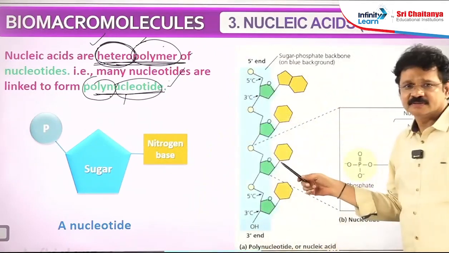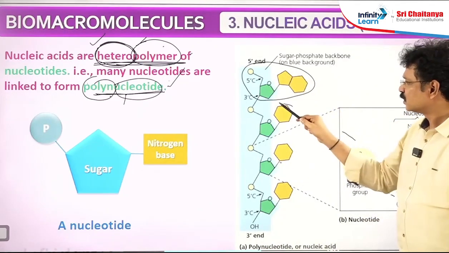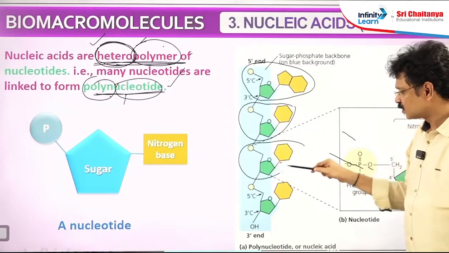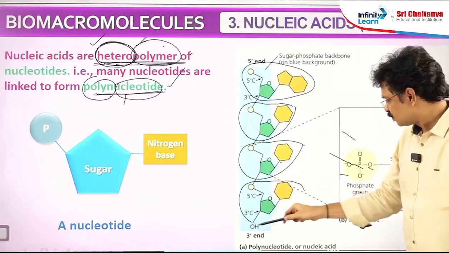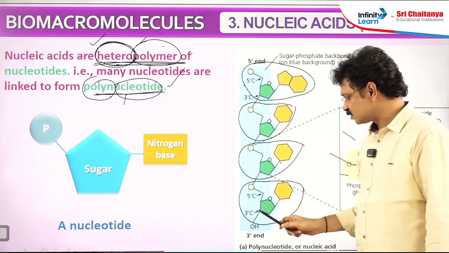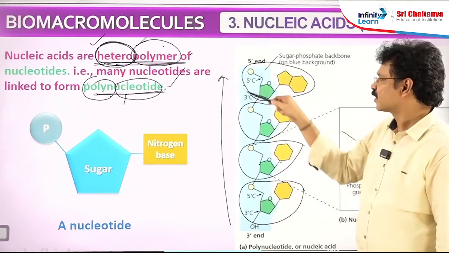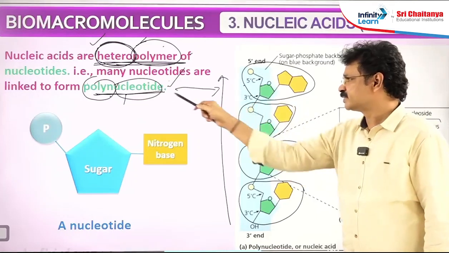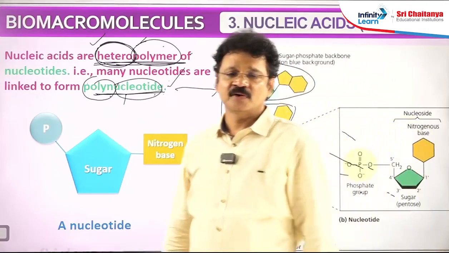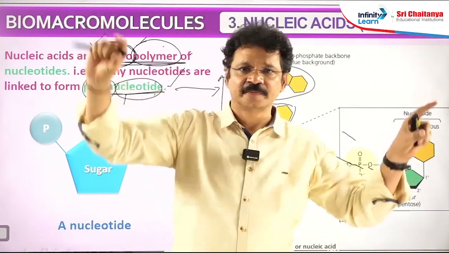Observe here in this image: this is one nucleotide, this is the second nucleotide, nucleotide number 3, nucleotide number 4. Likewise, lakhs of nucleotides are linked with one another to form a long chain. The name of this polymer is polynucleotide. Even in a protein molecule, many amino acids are linked with one another to form a long chain of amino acids.